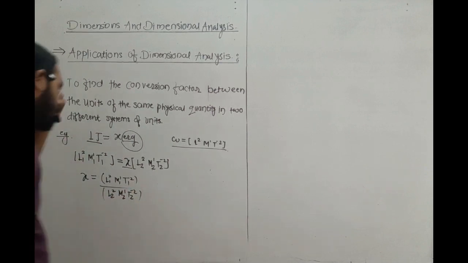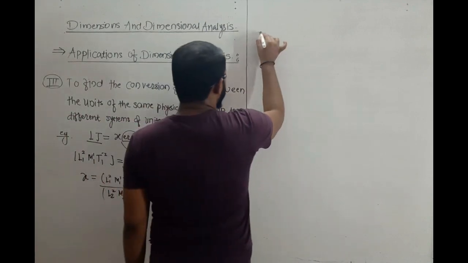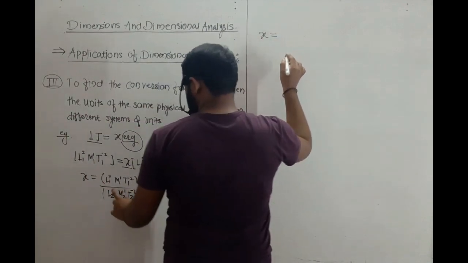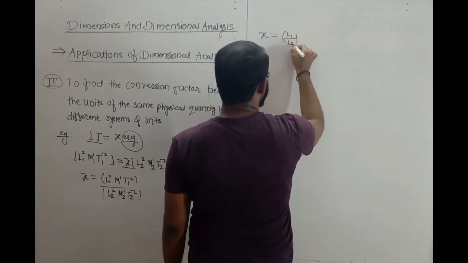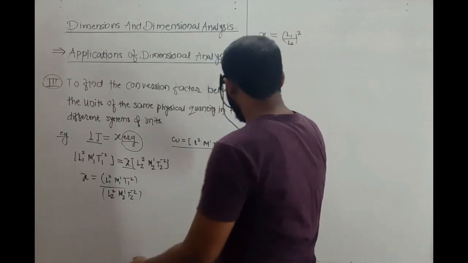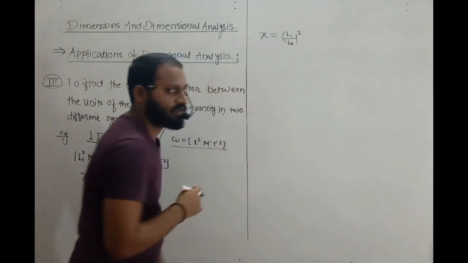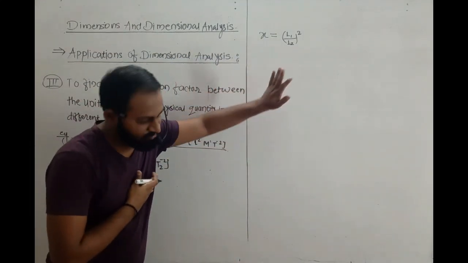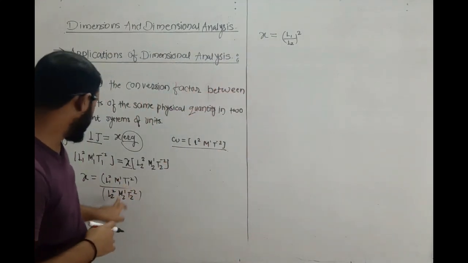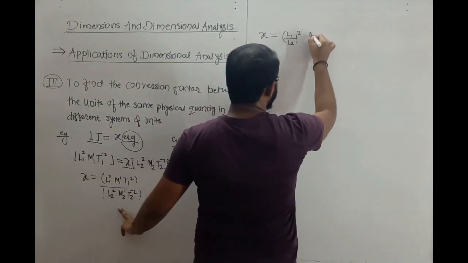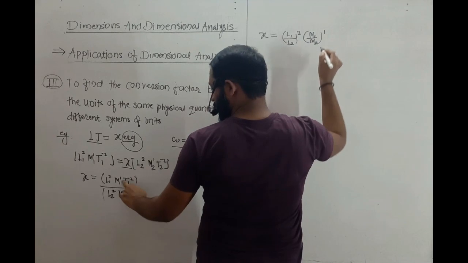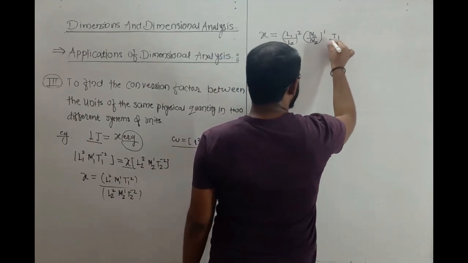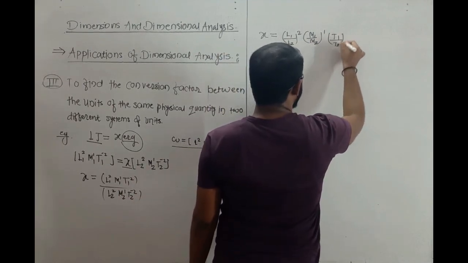Now see, I can write this down like this: x equals L1 upon L2 whole square, using the laws of exponents. Okay, you don't know this, brother. M1 upon M2 power 1. Okay, T1 upon T2 minus 2.